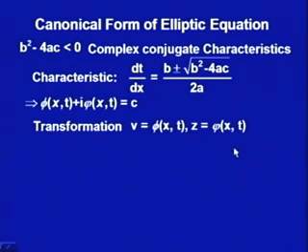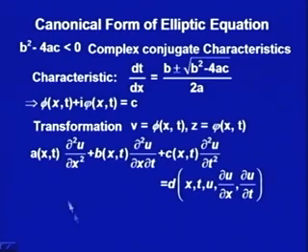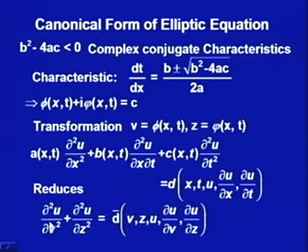If I introduce these transforms, our given equation is transformed to the form del 2 u over del v 2 plus del 2 u over del z 2 is equal to a function of v, z, u, again the first derivative with respect to v and the first derivative with respect to z. In certain special cases, this right hand side may reduce to 0, and then we get our example 3, where the left hand side is the same as the left hand side of our example 3.